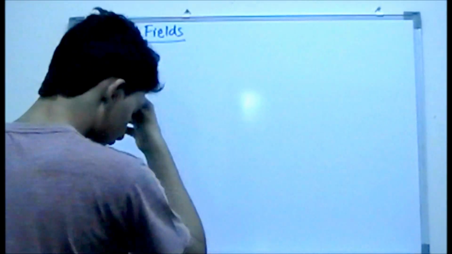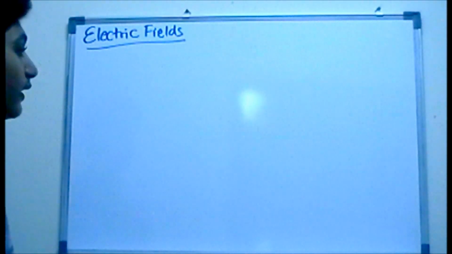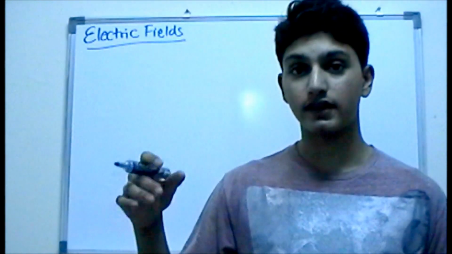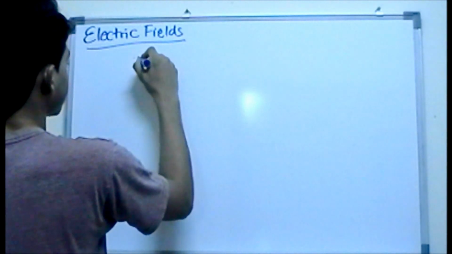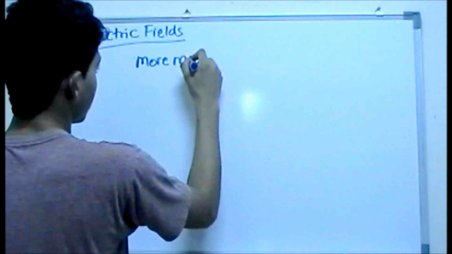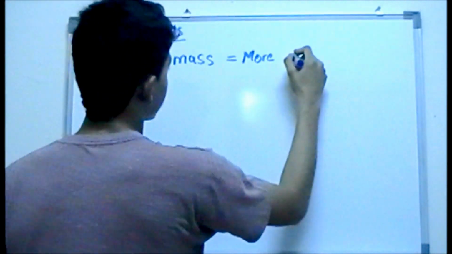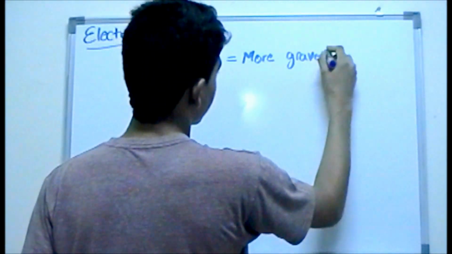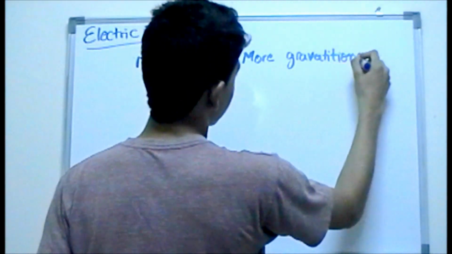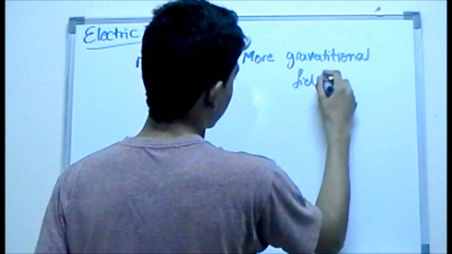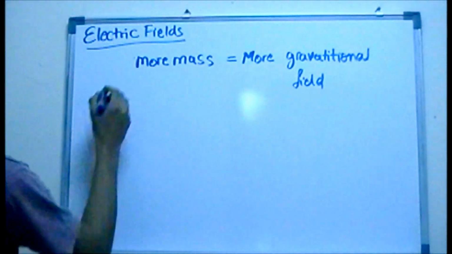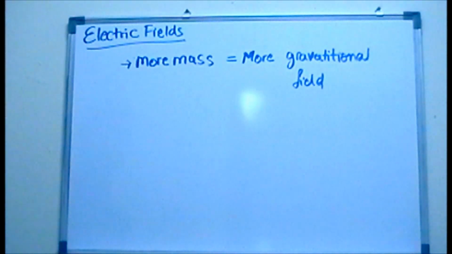Once again, this is comparing it to gravity. Isaac Newton came up with the word field. When you have more mass, it results in more gravitational field, and that is what we talked about in fundamental physics.